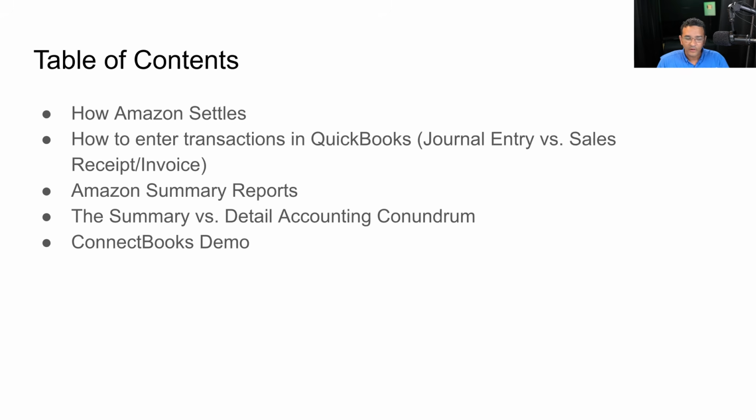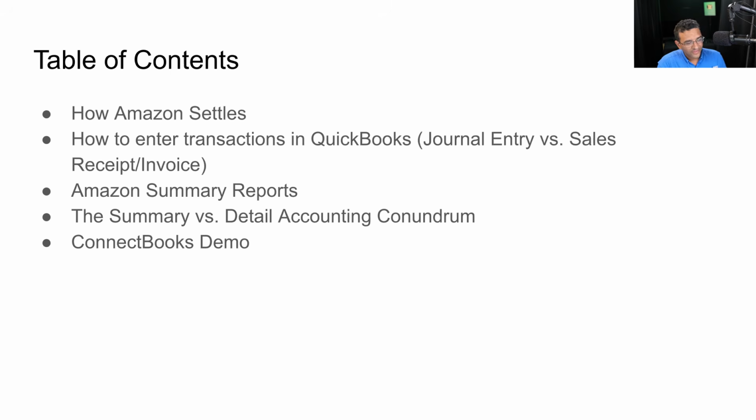So even though we're going to talk to you about the to inventory or not to inventory conundrum, whether to use a journal entry or a detailed sales receipt or invoice, it should be the same concepts, whether it's desktop or online. And when it comes to inventory, it's also the exact same concepts, believe it or not.